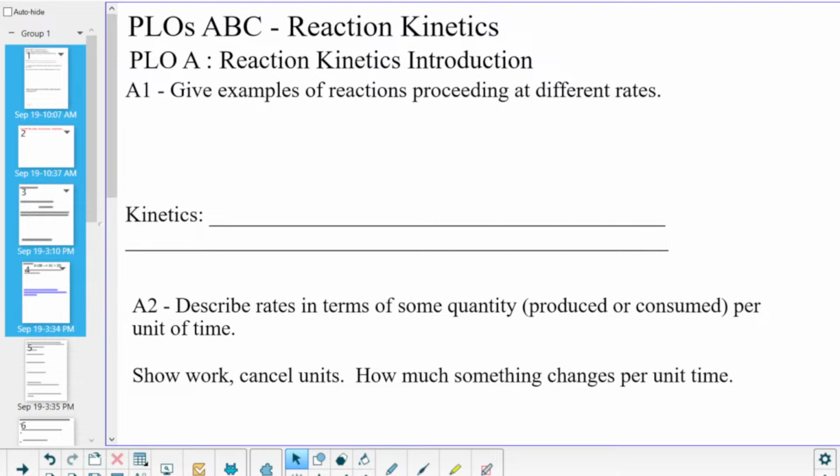Why didn't that work? There, that worked.